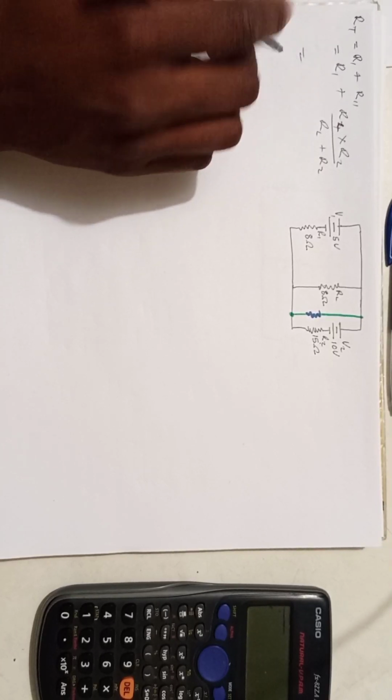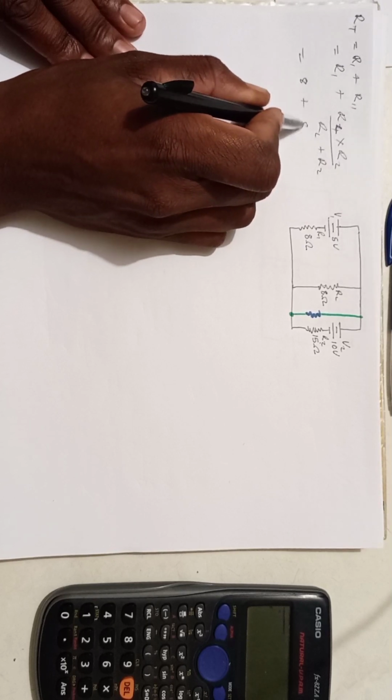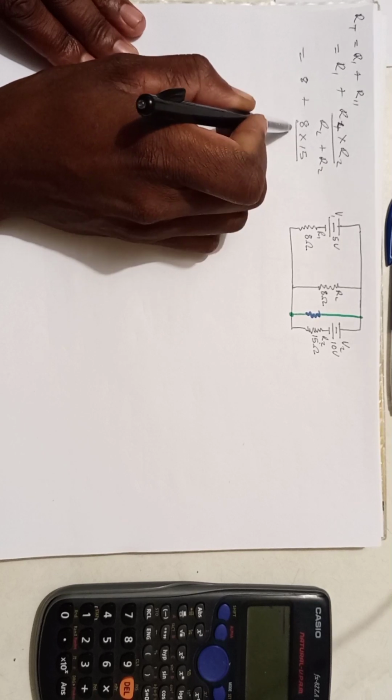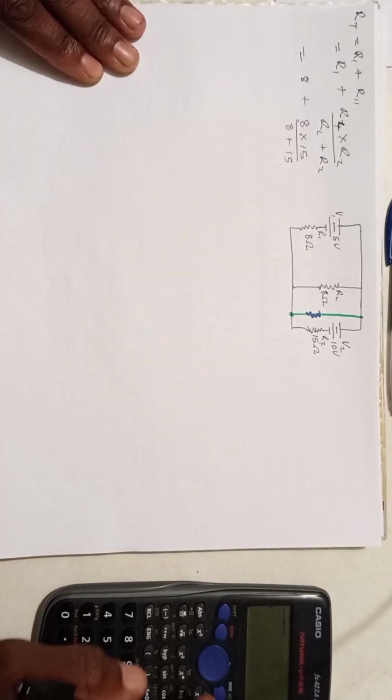So R1 is 8 ohms plus 8 ohms times 15 divided by 8 plus 15.